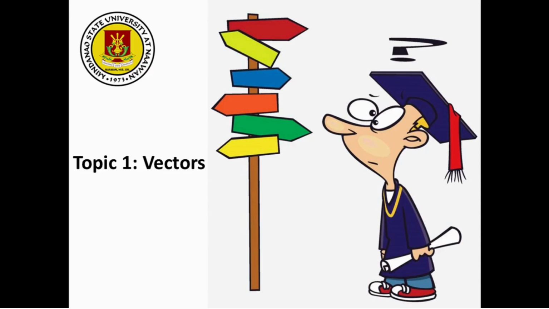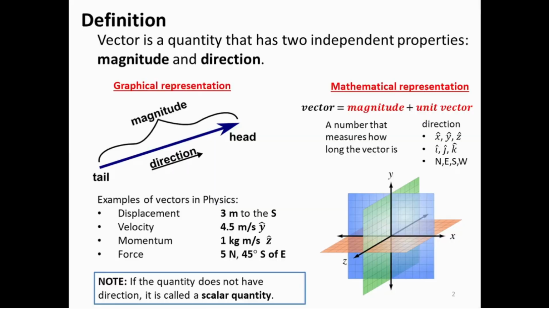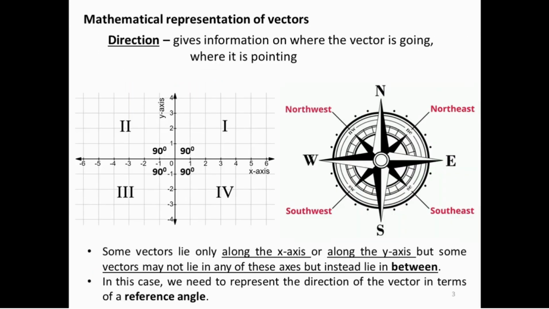Last time we discussed vectors, where you learned that we can represent vectors in two ways: in terms of graphical representation, and in terms of mathematical representation. Aside from that, you also learned that vectors have two parts.